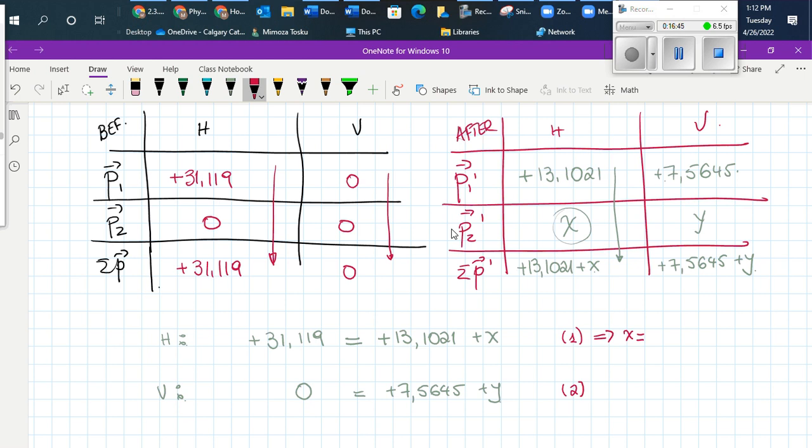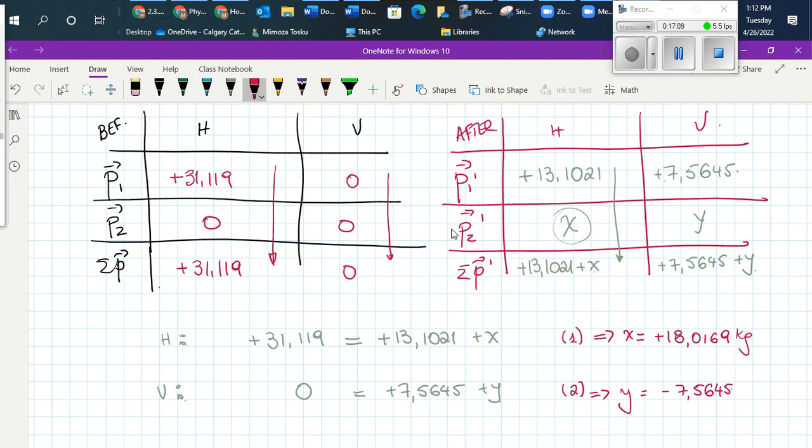So now from here, we can find that x is equal to 31.119 minus 13.1021. And this will be positive 18.0169. And from the second equation, we'll find that y is equal to negative 7.5645.